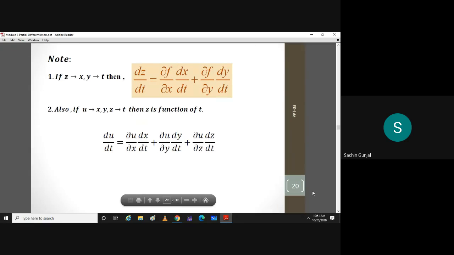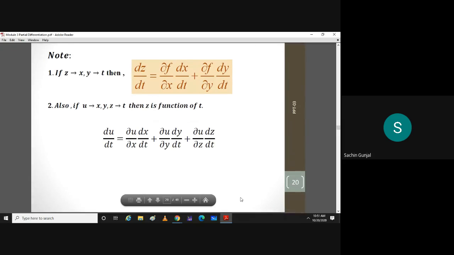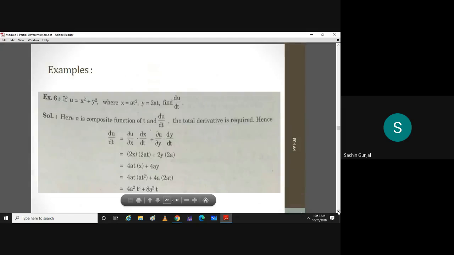One problem we considered yesterday: u is a function of x, y, that is x squared plus y squared, and x and y are functions of t. So x is at squared and y is 2at. Then the question was to find du/dt.